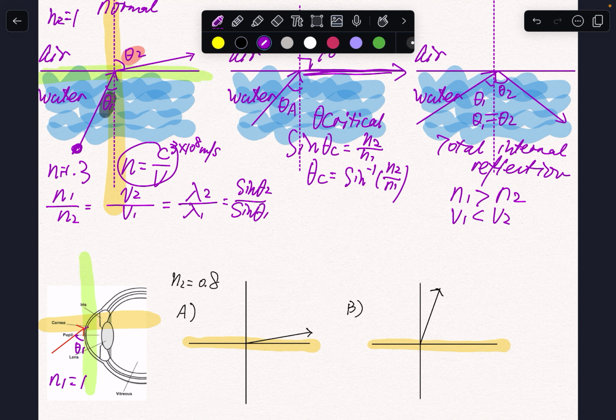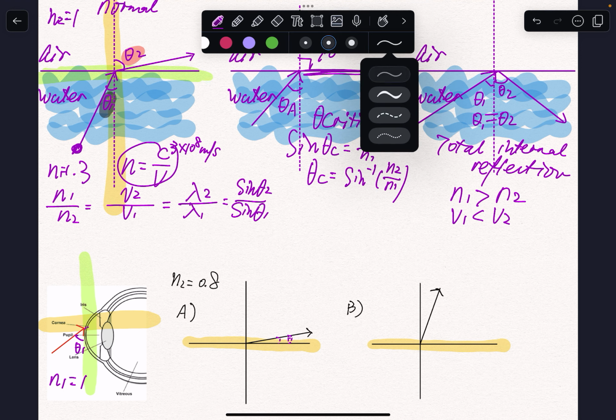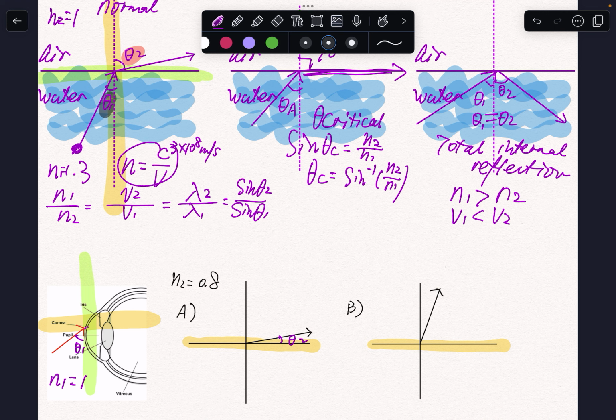And then according to the definition, theta 2 is the angle between the normal line and the refracted light. Then we'll know theta 2 is this angle, right? And then this is theta 2. And then where is theta 1?